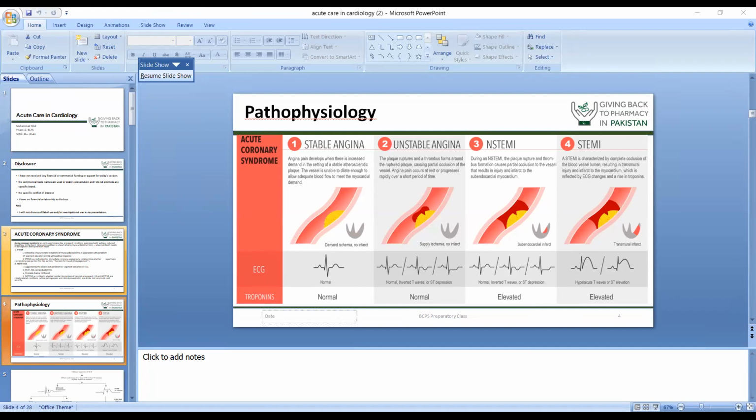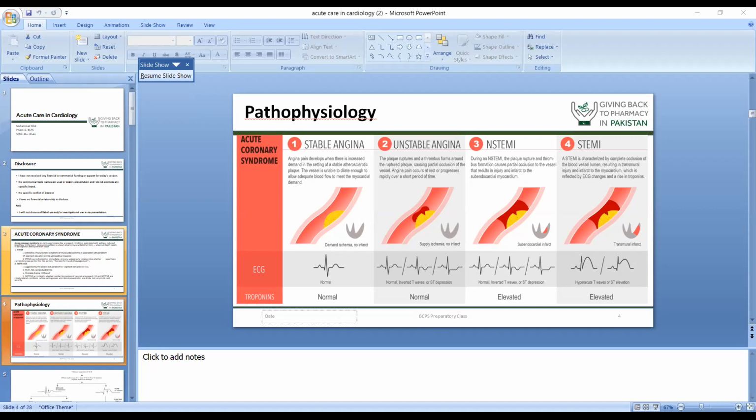You have to go for either a fibrinolytic approach or an early invasive approach, catheterization and PCI or CABG. For primary PCI, door to balloon time is 90 minutes.